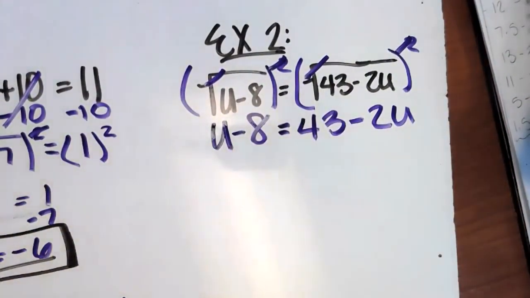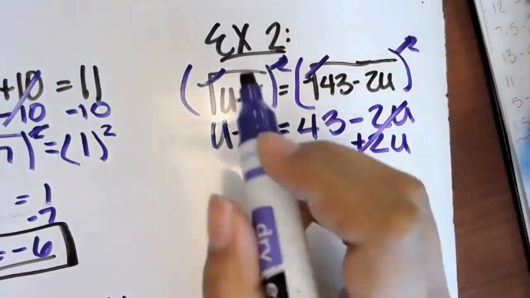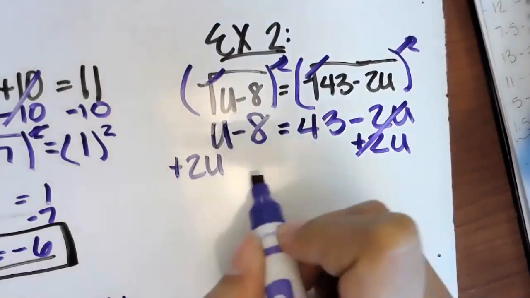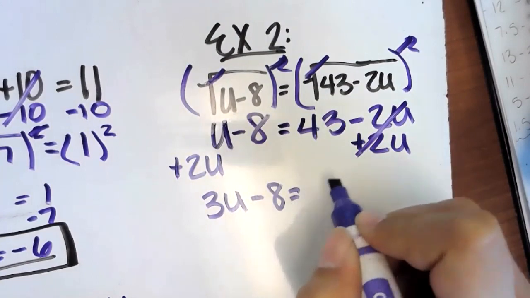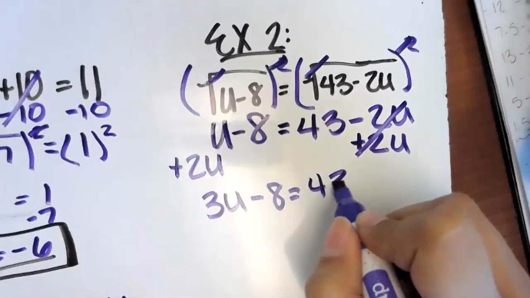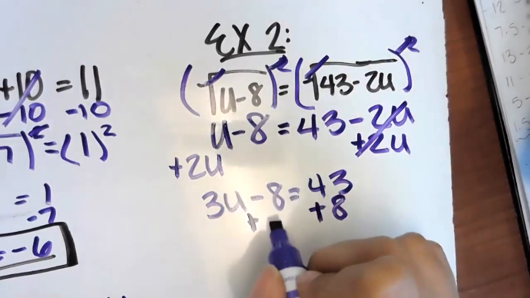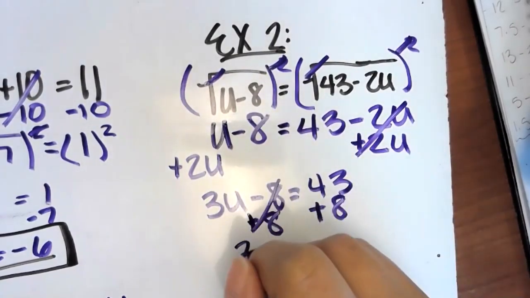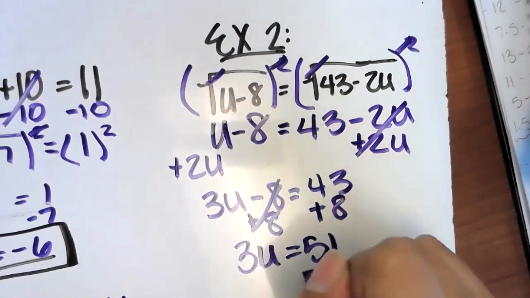What you want to do is get your variables to one side. I always move the smaller variable to the other side. This gives you 3u minus 8 equals 43. And then we just add 8 because we want to do the opposite. This gives you 3u equals 43 plus 8, which is 51.